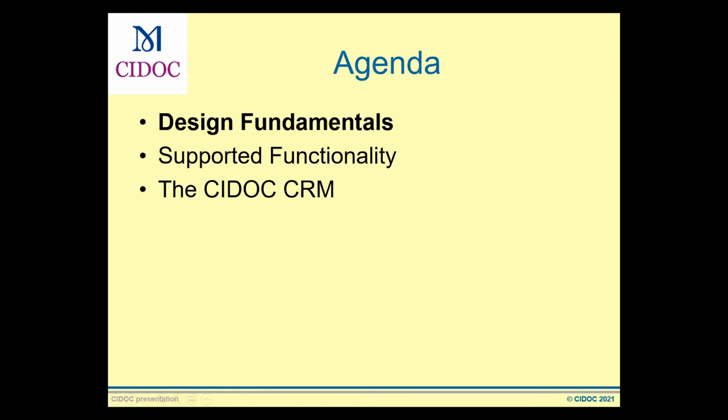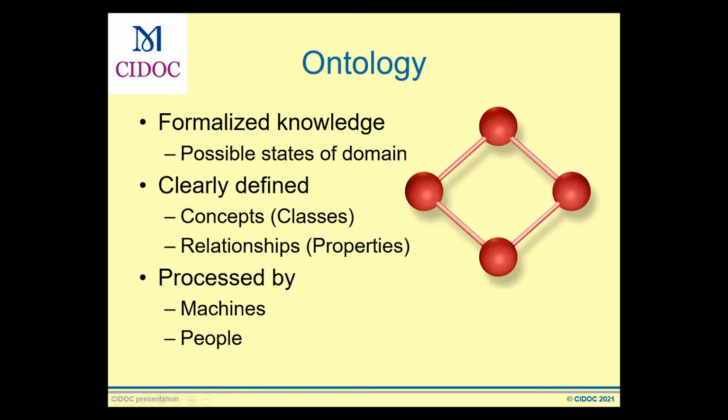So the first bit is the design fundamentals. What's an ontology? We talk about the CIDOC-CRM being an ontology. It's formalized knowledge that gives us an indication of the possible states of affairs that might exist in a particular domain of interest. And obviously our domain of interest is cultural heritage informatics, cultural heritage databases.